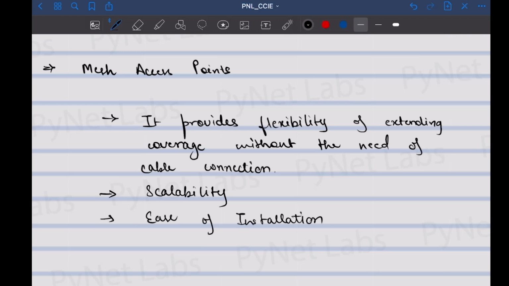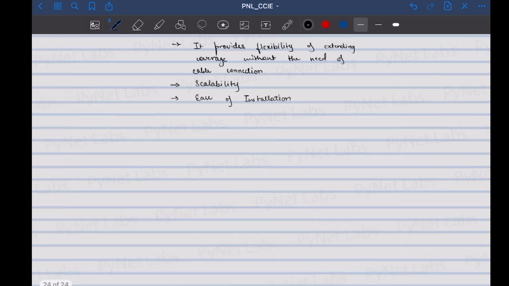Now, when we speak about all these access points, be it your normal access points or the ones that we use in enterprises, there are two major categories of them. There are autonomous access points, and then there are lightweight access points. Let's understand what these two are.